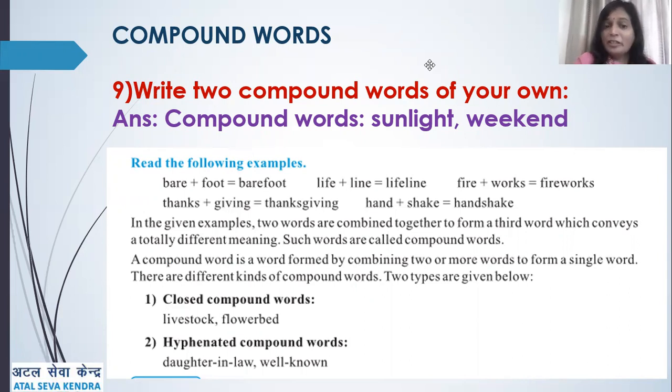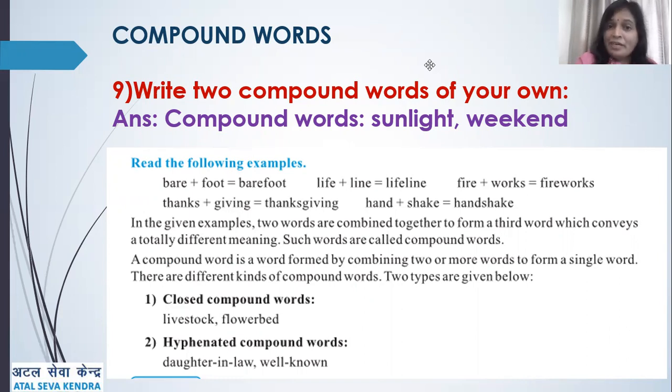Similarly, hyphenated compound words are also there. Any word which is hyphenated is a compound word, like daughter-in-law. There are so many other hyphenated words. So you have to be very careful when you are asked to spot compound words.